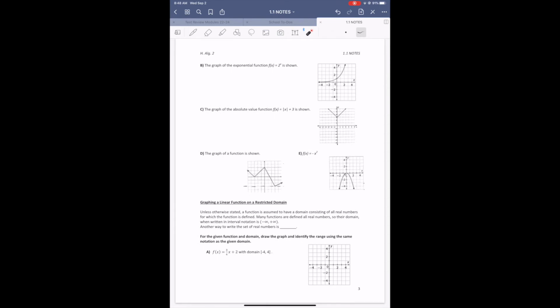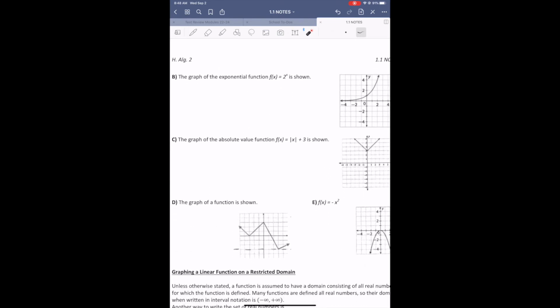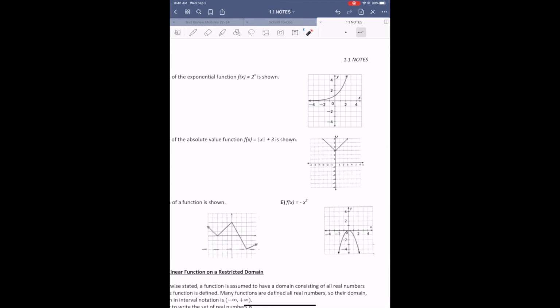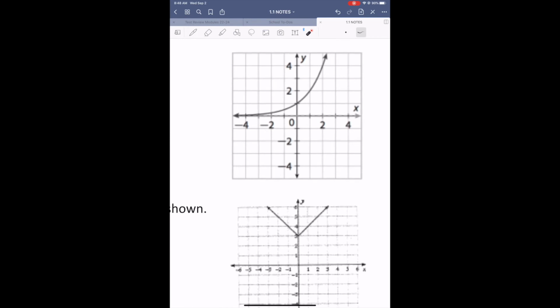So let's do B. B says the graph of the exponential function f of x equals 2 to the power of x is shown. Now, you guys can see this. This is an exponential function, okay? And here's what I need you to know or understand about exponential functions. It appears that it touches the x-axis here, doesn't it?